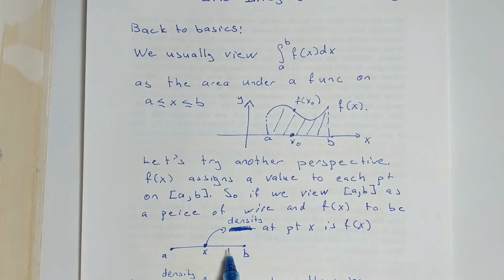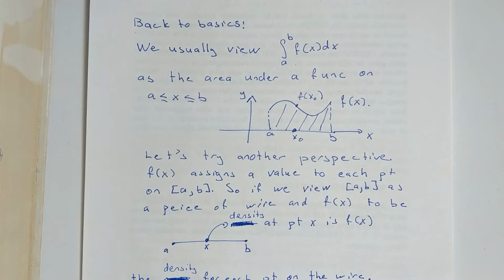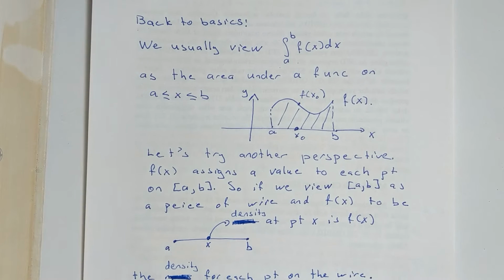We have a wire, just a straight wire from x equals a to x equals b, and at each point I know the density. So the function f of x just gives me the density at the point x.